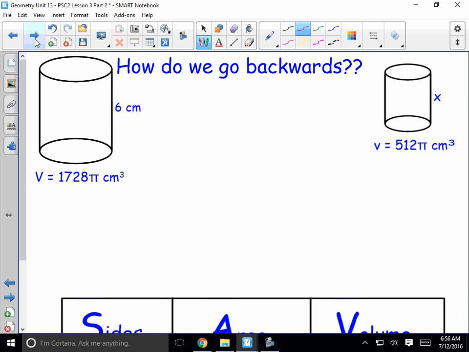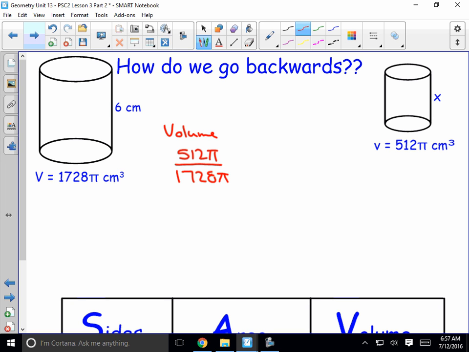Now, how do we go backwards? When we are going backwards, we have the volume ratio. So our volume ratio is 512 pi over 1728 pi.